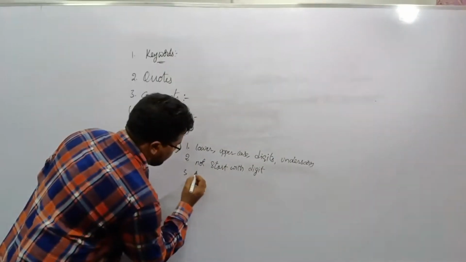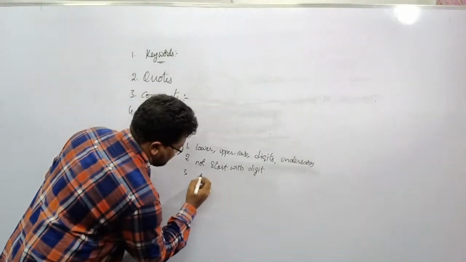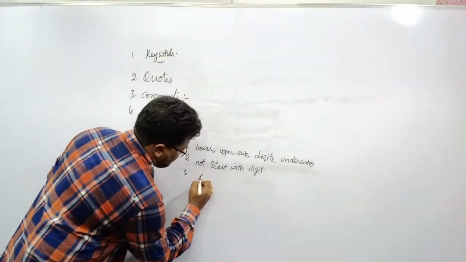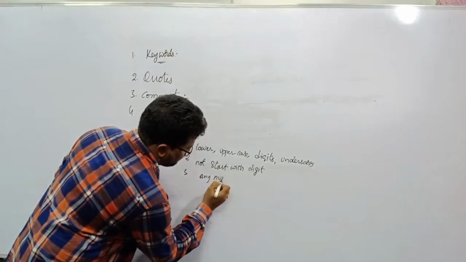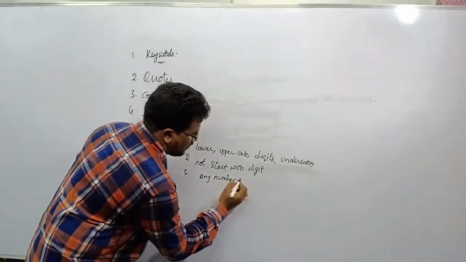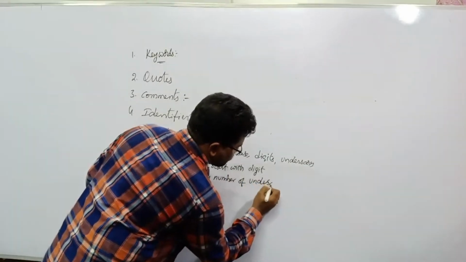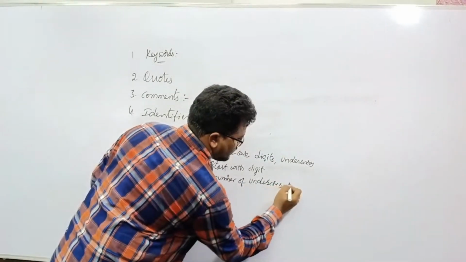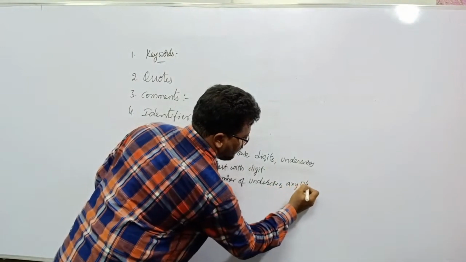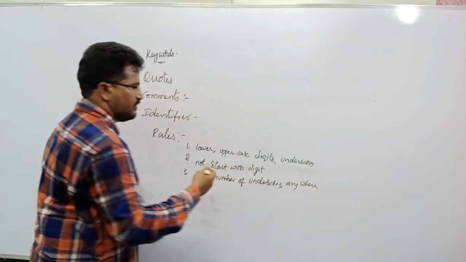So the third one is any number of underscores anywhere. Anywhere means either beginning, ending, wherever it's possible.